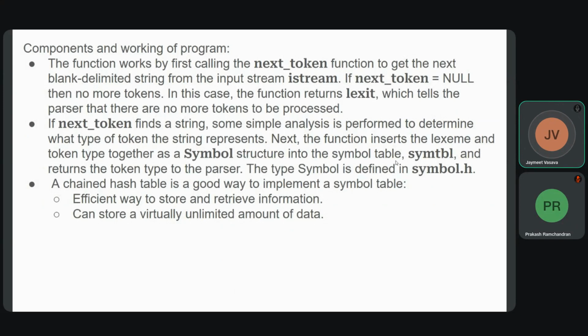The symbol is defined in symbol.h, which is a header file that we will be discussing further. A chained hash table is a good way to implement a symbol table because it is efficient to store and retrieve information, and we can virtually have an unlimited amount of data.